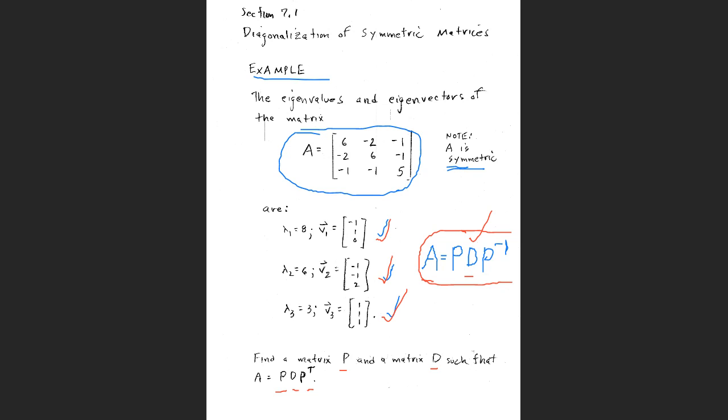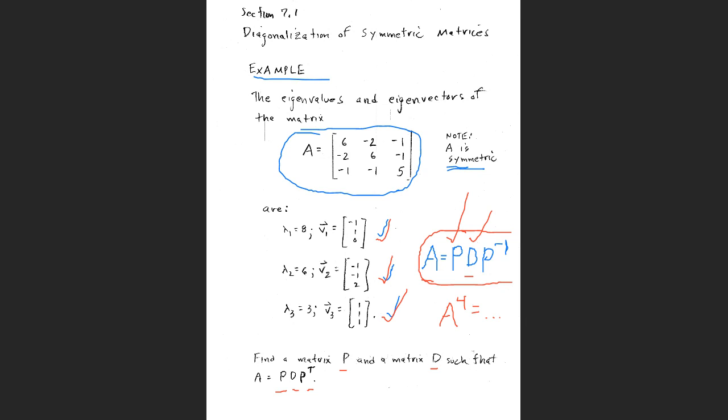Why shouldn't we just be happy that A can be expressed as P times D times P inverse? That would help us find things like A to the 4th power. We can find powers of a matrix, and it's nice to be able to do that.